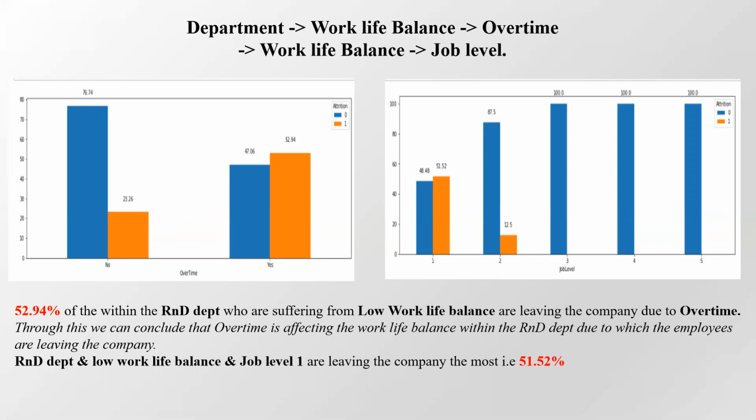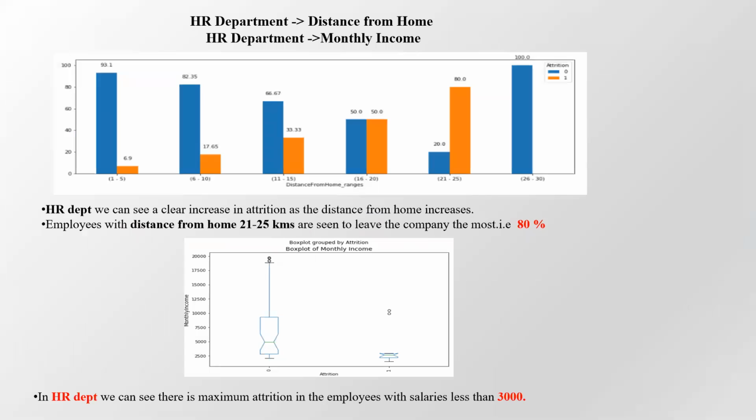Looking at the same with job level, that is R&D department, low work-life balance, and job level 1, we see that 51.52% of the people were leaving the company. So this is also a very high number. So we found that overtime and job level are also two variables that affect attrition.